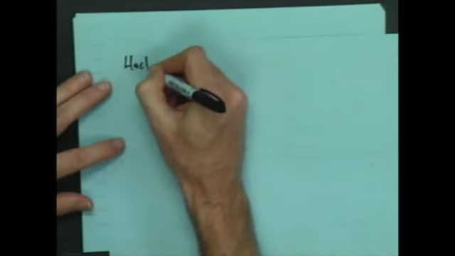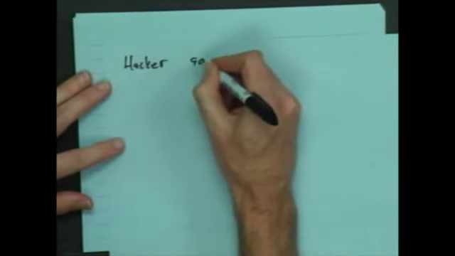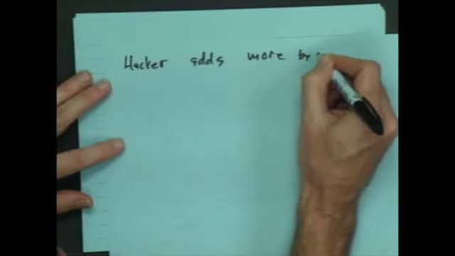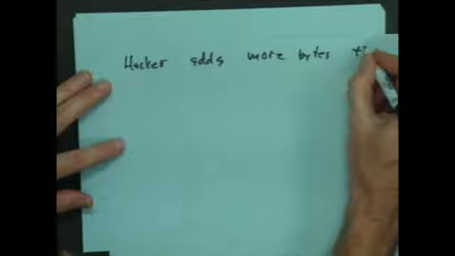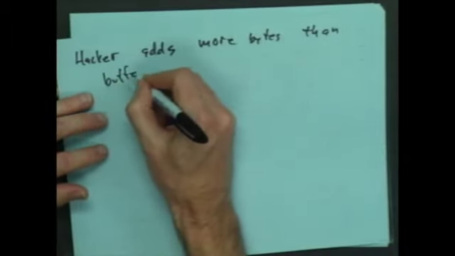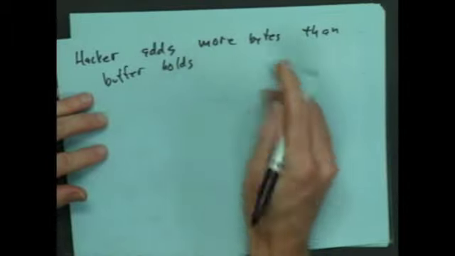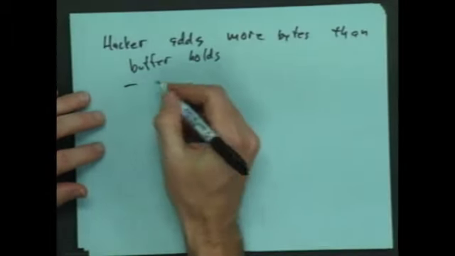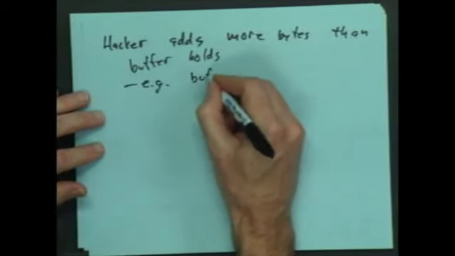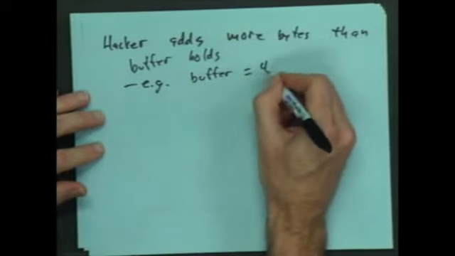What the hacker does, the hacker is just going to add more bytes than the buffer holds. Okay? So let's say, for example, the buffer is 4 bytes.